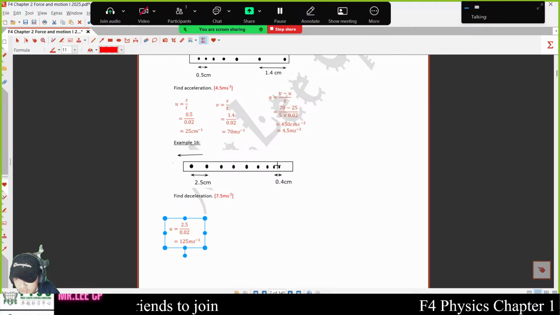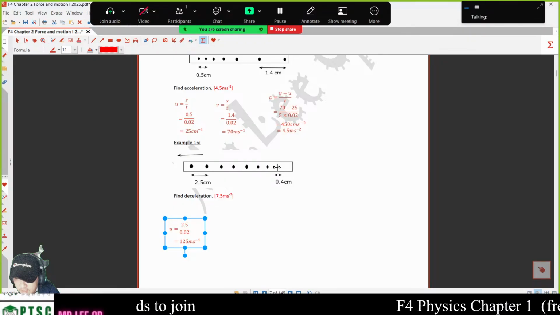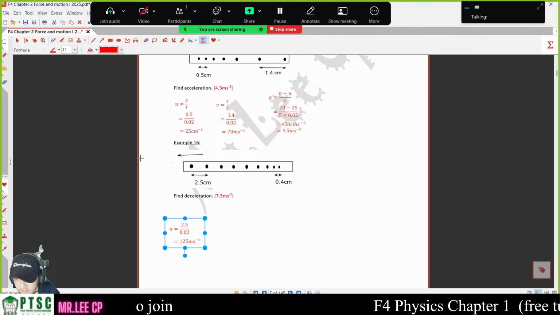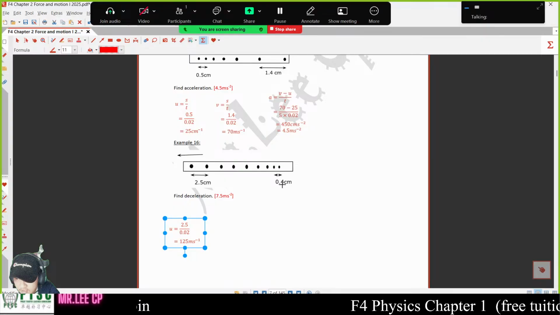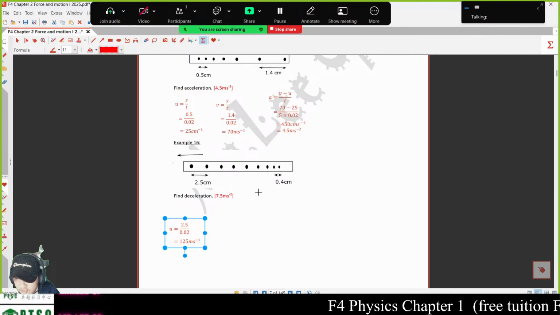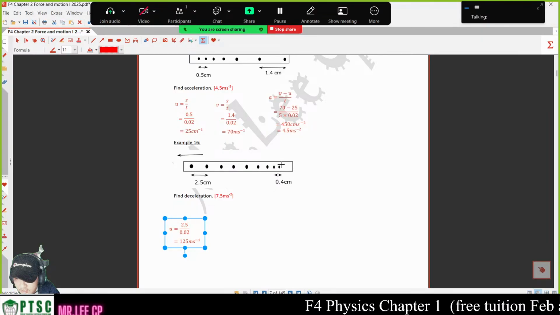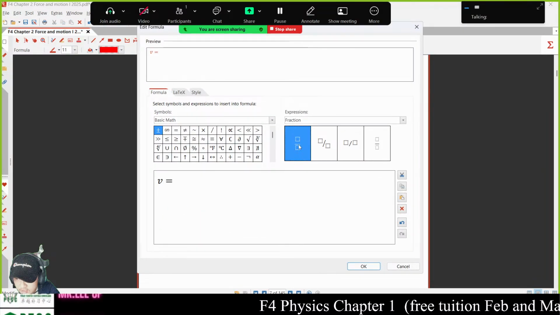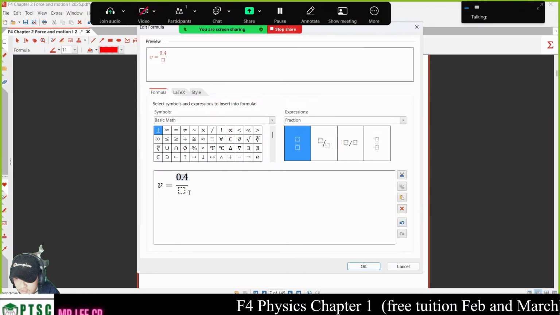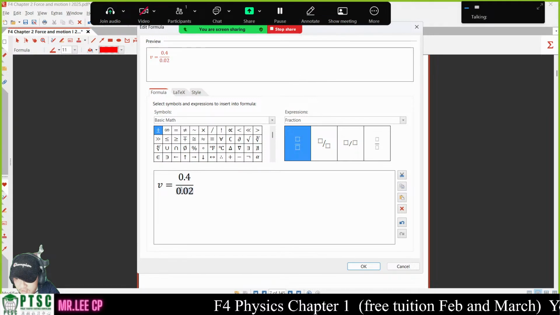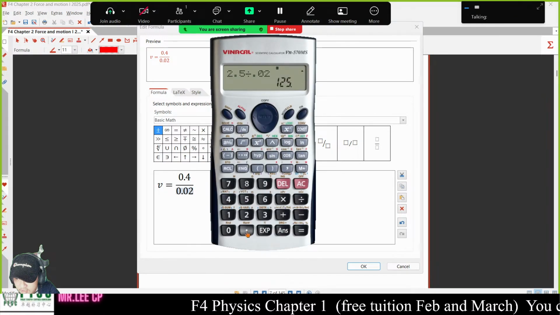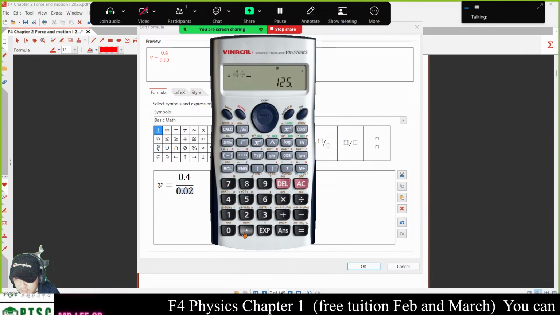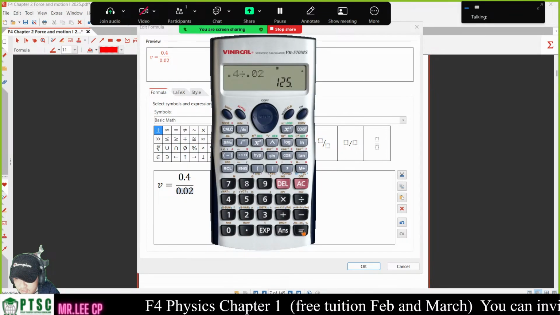How do I know which one is initial and which is final? You look at the arrow: you pull from here, this one is initial, and this is final. V is equal to 0.4 divided by 0.02, which gives 20.